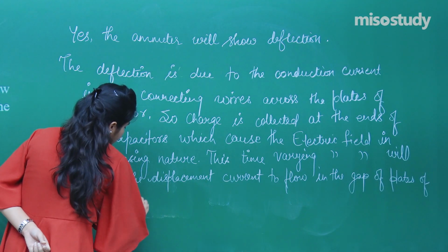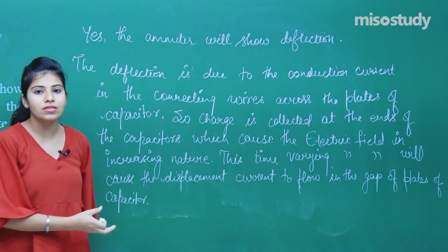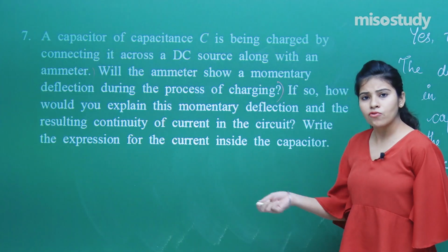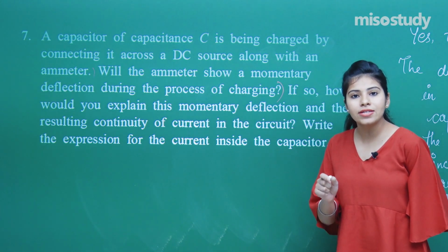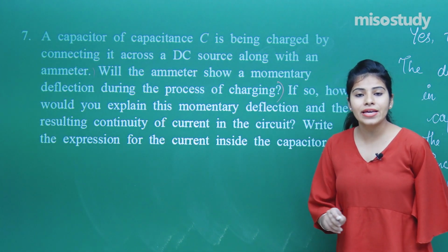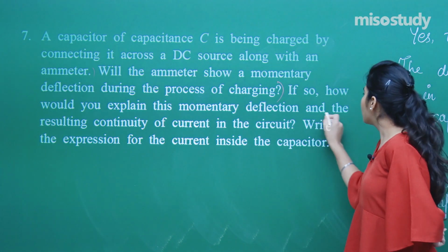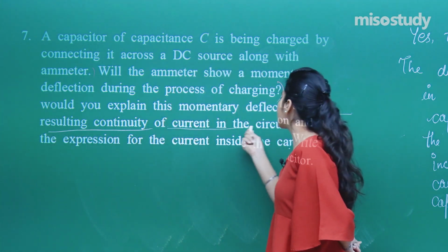Okay. So, now we have the reason for the question, will the ammeter show a deflection? Yes. And what is the reason? The reason is that displacement current is flowing in the circuit and it is maintaining the continuity in the circuit. So, the question asks about the resulting continuity of the current in the circuit.